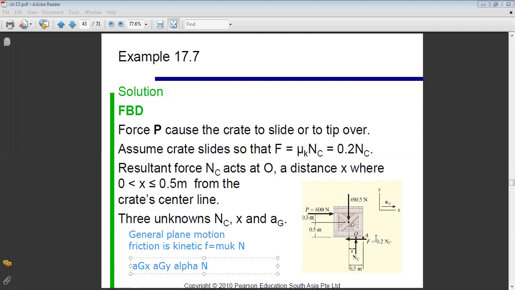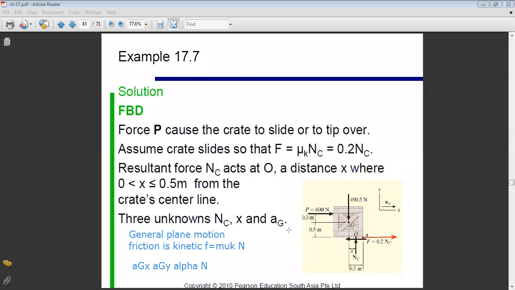What I can do, I can relate the acceleration of A to the acceleration of G. You know why? Because A and G are 2 points of one rigid body, and the advantage of relating to A is that for A, I know the direction of acceleration. A will move along what? Along the horizontal line. So when I write the relation between AG and AA, I will get two additional equations, which will give me expressions for AGX and for AGY.